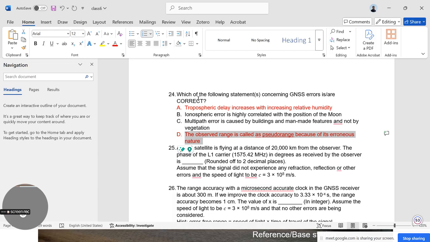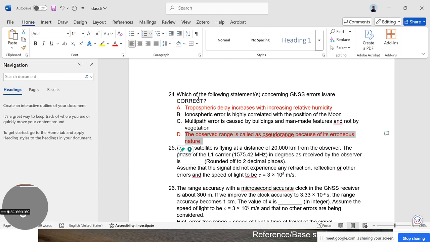Otherwise the signal will go to another object and then come to the receiver rather than directly coming to the receiver. So multiple collisions or reflections before reaching the receiver is just multipath error. And multipath is very random in nature. It can come because of any nearby object. So to reduce it, we cannot do much. We can just put our receiver in such a location where it does not have obstruction from nearby objects.